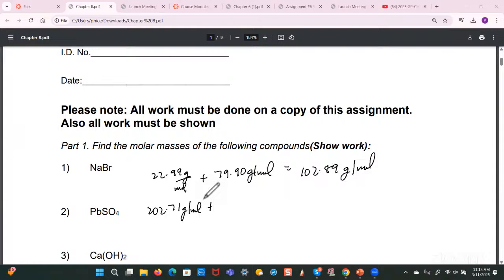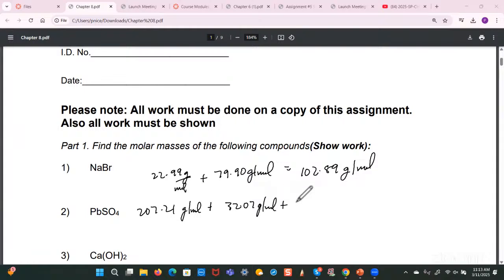Oh, I made a mistake. I transposed these numbers here. So this should be 207.21 grams per mole. And for the sulfur, that's 32.07 grams per mole. And then we have 4 oxygens.